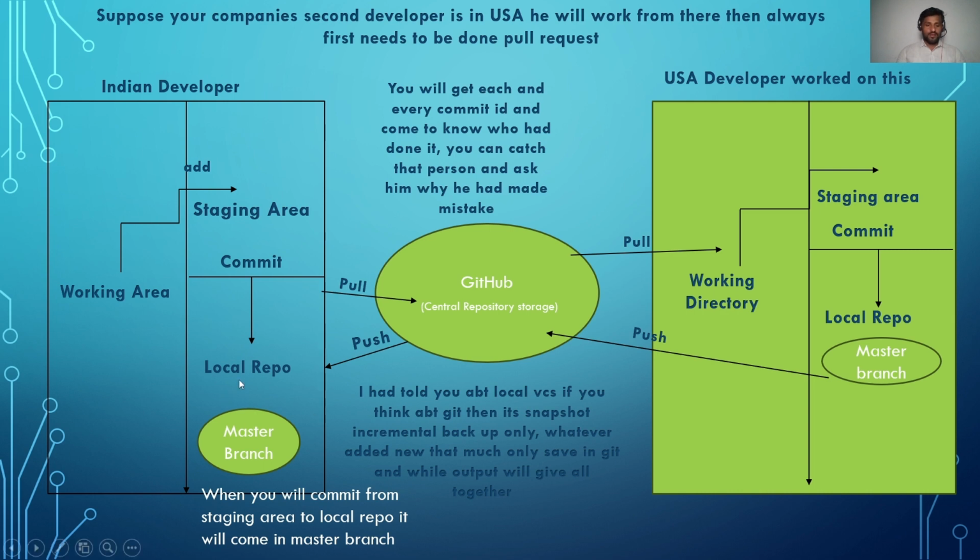I was here, guys, at the local repo, from the master branch. Suppose the Indian developer is pushing the code into GitHub; internet is needed while pushing it, because GitHub is a central repository storage. I told you guys in my last Git session that we need internet whenever we want to move from the local repo to GitHub, the central repository storage.